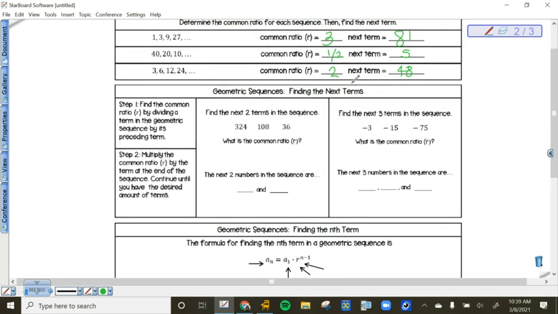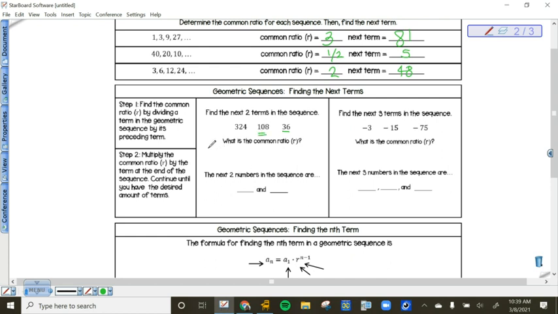So first type of problem we're going to look at is finding the next terms. So that's kind of what we did up here. First step we need to do is find the common ratio. We need to find out what we're multiplying by. And then we take that common ratio and we multiply it by the last term. And then we're able to find the next terms in the sequence. So to find the common ratio, we take one term and we divide it by the previous one.